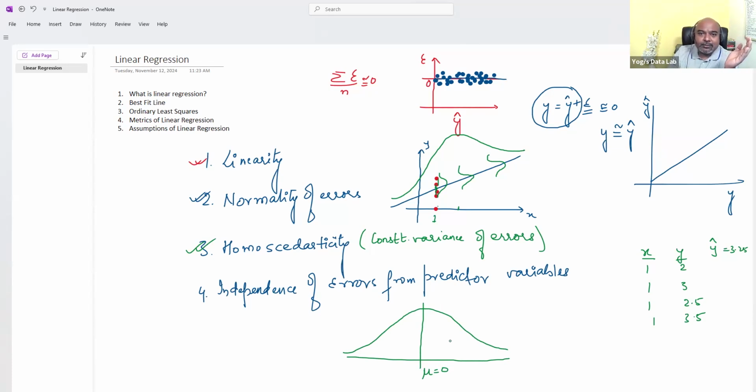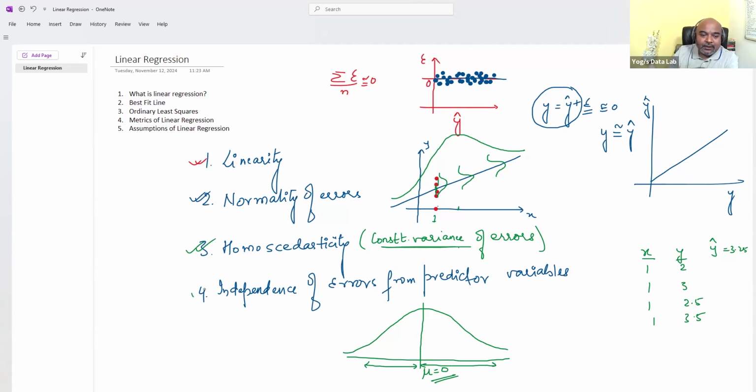That is standard normal distribution. Here, if I take the similar analogy and I say that my mean is 0 and I have a normal distribution, it means that I am going to have a fixed standard deviation from the mean of my values, which is nothing but my errors. If my standard deviation is fixed, it means my variance is constant, and that is nothing but homoscedasticity.